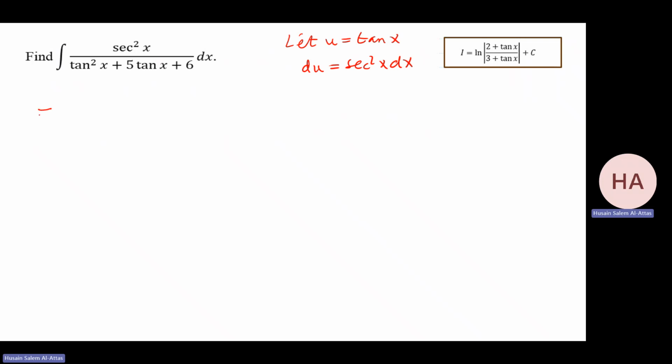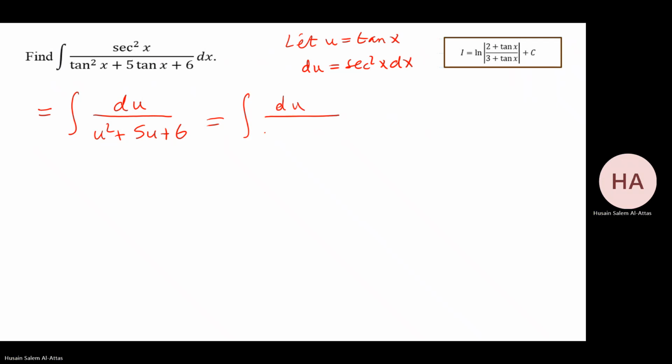So this integral will be what? du over u squared plus 5u plus 6, which I can write as du over u plus 2 times u plus 3, which I can write as a partial fraction.